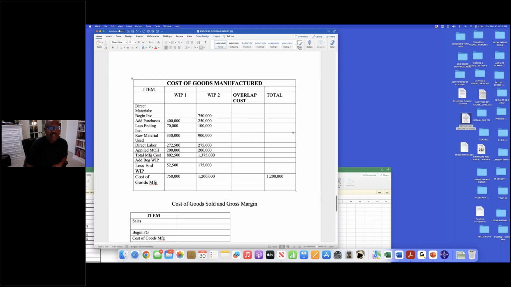So that's why I got this new column in here, overlapping costs. When we have overlapping costs, that is the 750. The 750 was here, and then it's transferred over there. We have to subtract out all the overlapping costs.